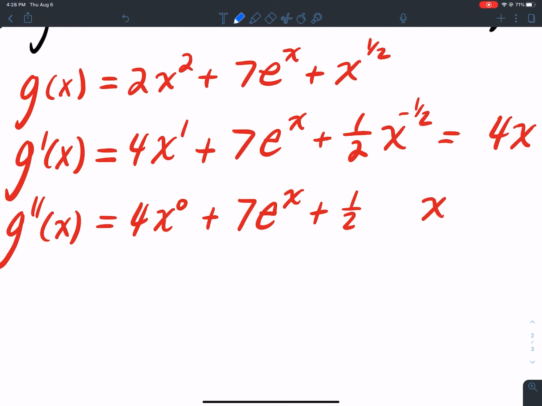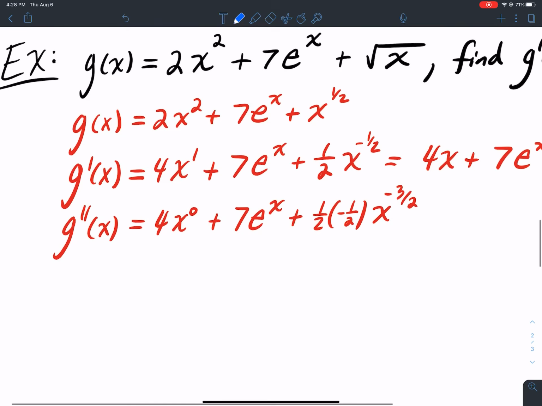Ooh, uh-oh. Have I made a mistake? No, okay. So I have the 1/2 and the 1/2 written there. I bring the 1/2 out front, and then what do I do? I take -1/2 and I subtract 1. That's -1 and 1/2, which is -3/2, I think. Okay, yeah. And so I can simplify this. x to the 0, remember that's just 1, so 1 times 4 is 4.